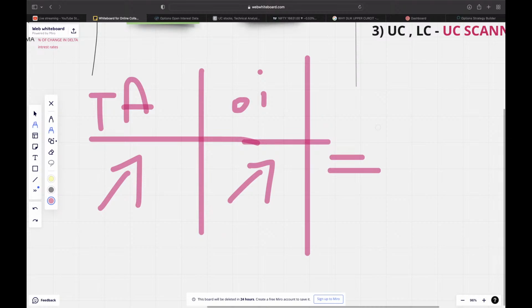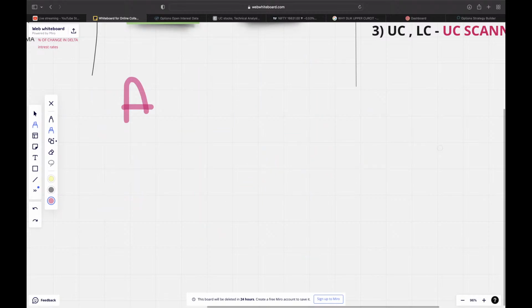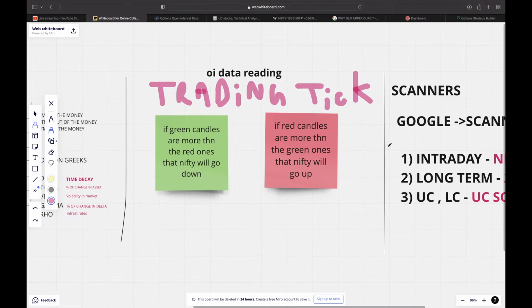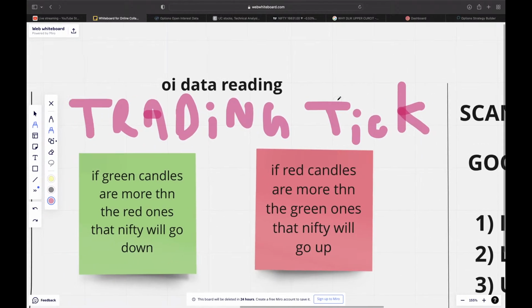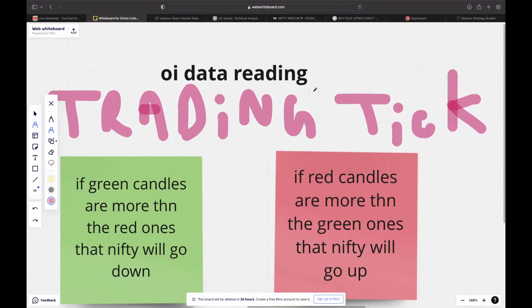Your technical analysis is telling that market should go up. Your OI data says your market should go up. Nifty should go up. Would you take this trade? Yes, you should take this trade because you have confirmations. More the confirmations in trading, more the money you print. Simple and sorted. So this is known as OI data reading.